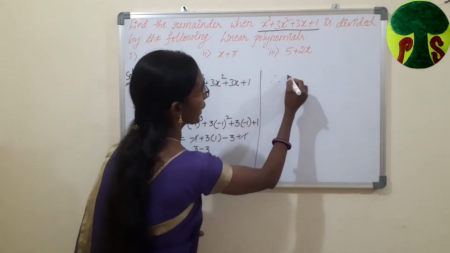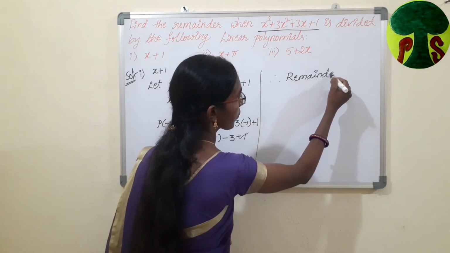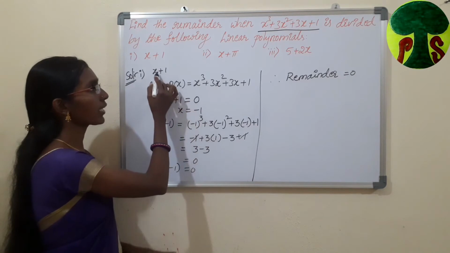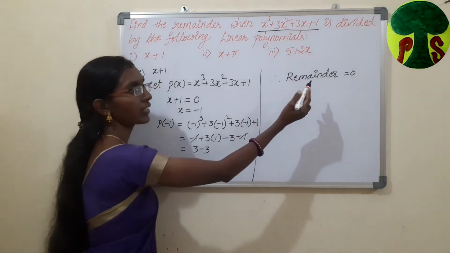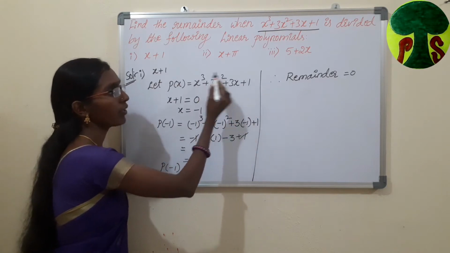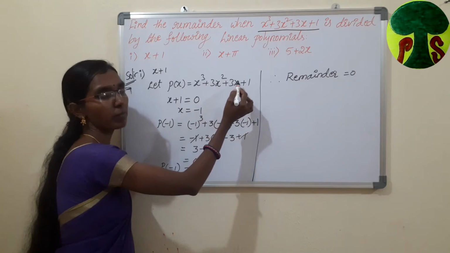Therefore, the remainder is 0. Remainder is equals to 0. When p of x is divided by x plus 1, the remainder is 0, which means x plus 1 is a factor of the given polynomial x cube plus 3x square plus 3x plus 1.